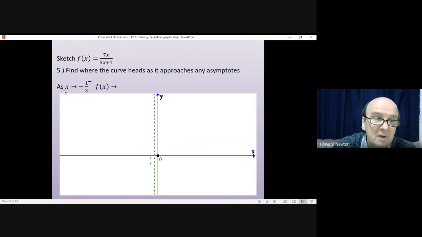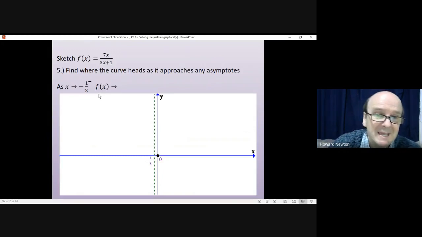And the normal way of writing that is what we have here. This says as x tends towards minus a third from below. That's what the minus there means. But what does the function do as x gets closer and closer to minus a third from below?